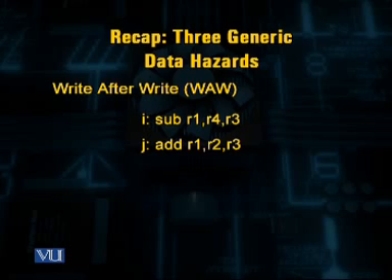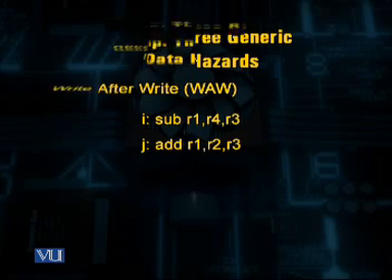Whereas the second instruction also adds R2 to R3 and places the result in R1. Here, the jth instruction writes the operand before the ith instruction. So it is leaving the wrong result over here.